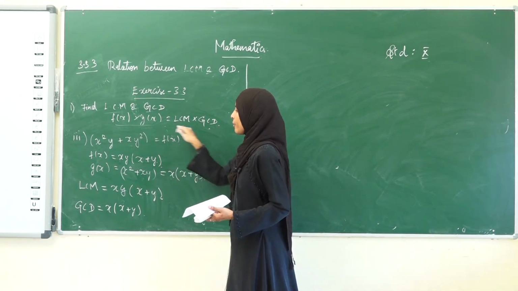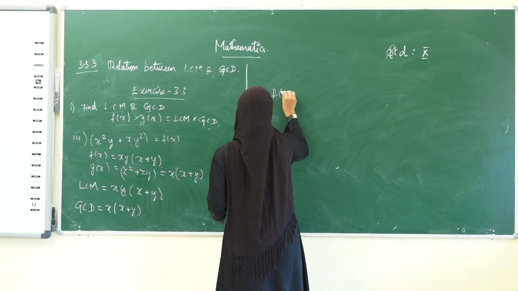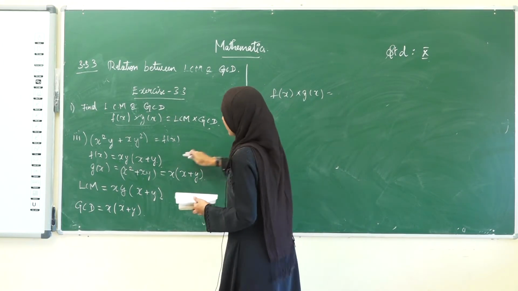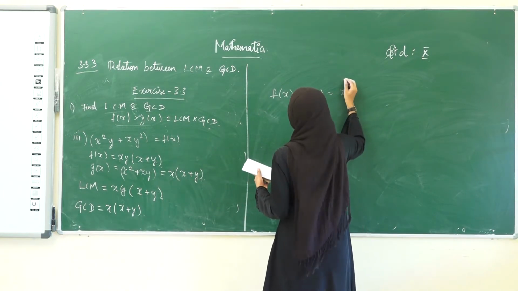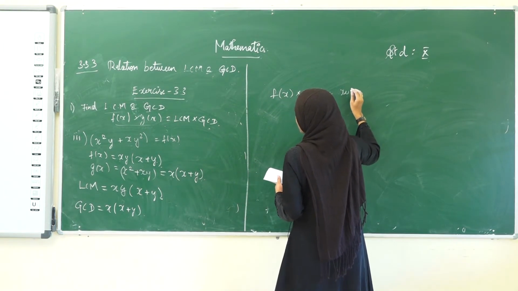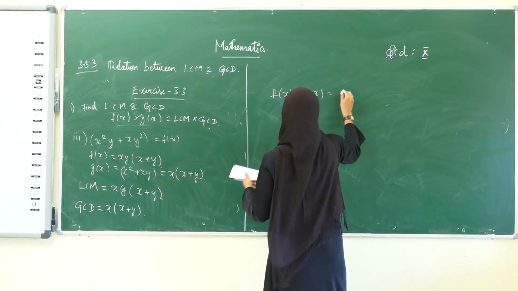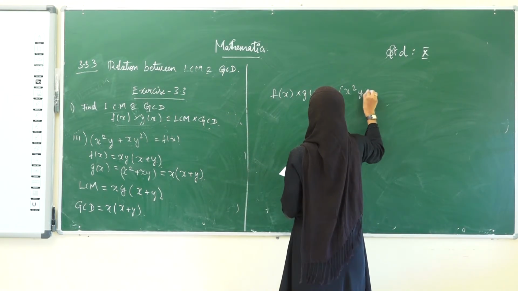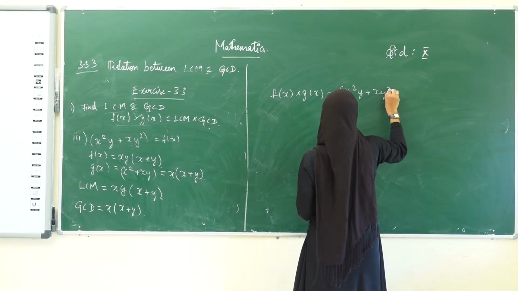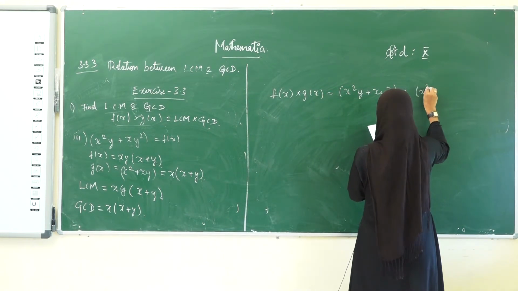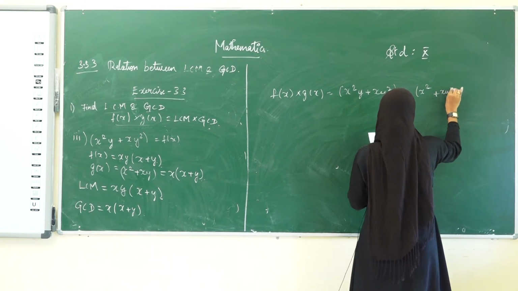Now we are going to verify this. First, f of x into g of x. What's the f of x given here? This term, that is x square y plus x y square, into the other term, x square plus x y.